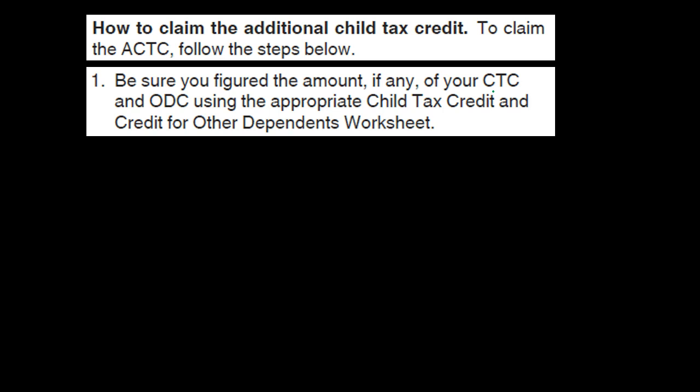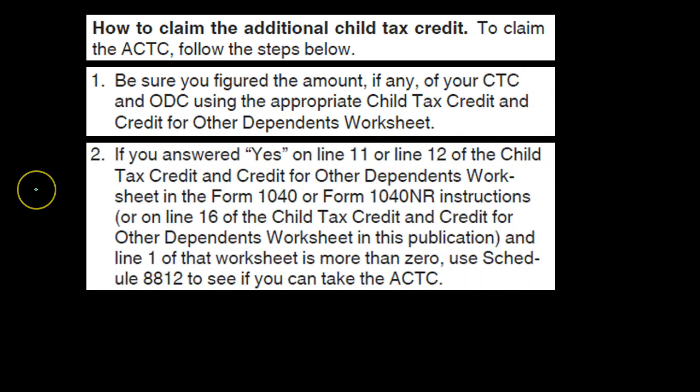And if the limitation is due to a liability limitation, in other words, we don't owe any tax beyond a certain amount, we owe tax something lower than the $2,000, then that's going to be our first step to determine whether we go to the ACTC, if we could still get some money back from the additional child tax credit. So the first step is to figure out the child tax credit, which could be limited by the liability.